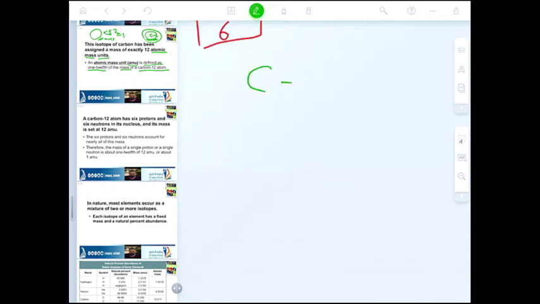Carbon-12 means the nucleus has, if we write carbon like this, 6,12, to remember the atomic number, how many protons? 6. How many neutrons? 6, by subtraction.